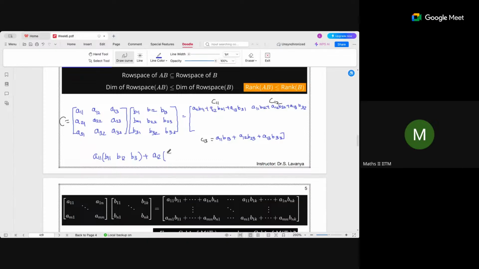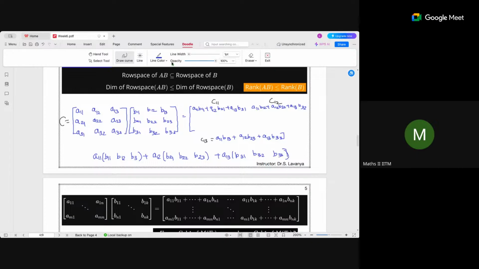We are having B21, the second row, B21, B22, B23, and then A13 times B31, B32 and B33.